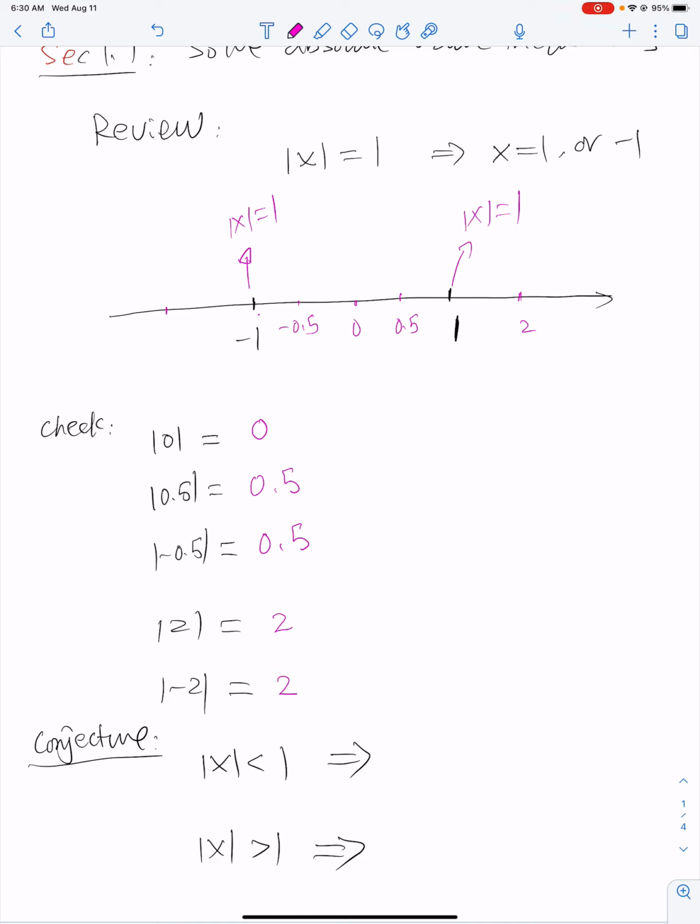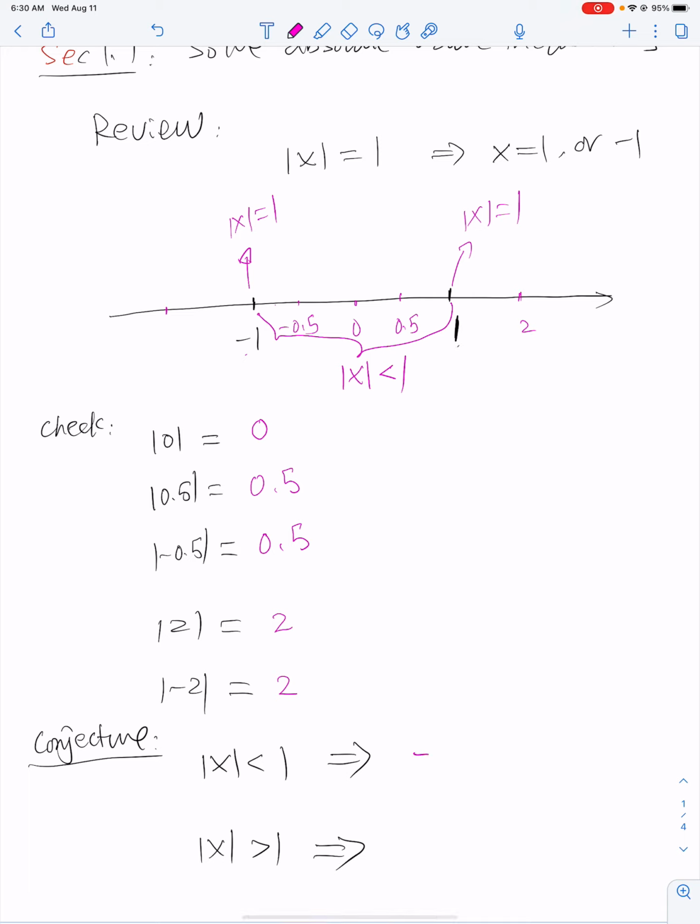You can immediately notice all the numbers in between have absolute value x less than 1, because 0, 0.5, and 0.99 are all less than 1. So the middle is from negative 1 to 1.